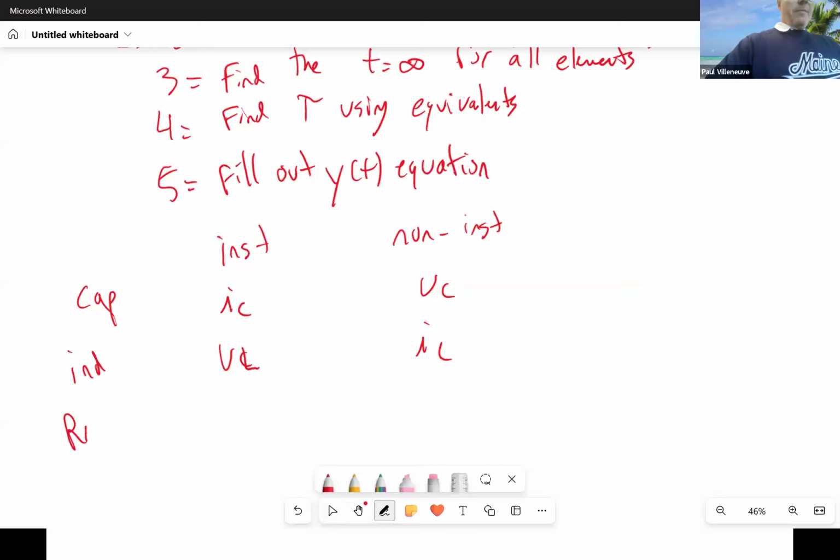In a resistor, IR and VR can change instantaneously. There's no energy storage in those devices to fight the changes, so you're stuck dealing with the changes. So that's the way you kind of generalize things.